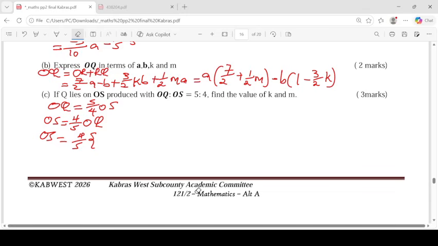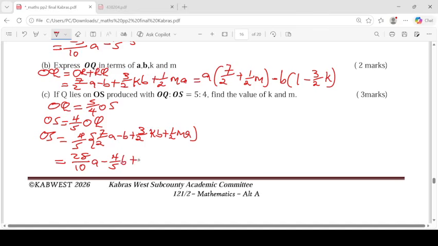So let's see this. Our OQ we had as 7 over 2a minus b plus 3 over 2 kb plus a half ma. When you multiply through, this will be 28 over 10a minus 4 over 5b plus 12 over 10 kb plus 4 over 10 ma.